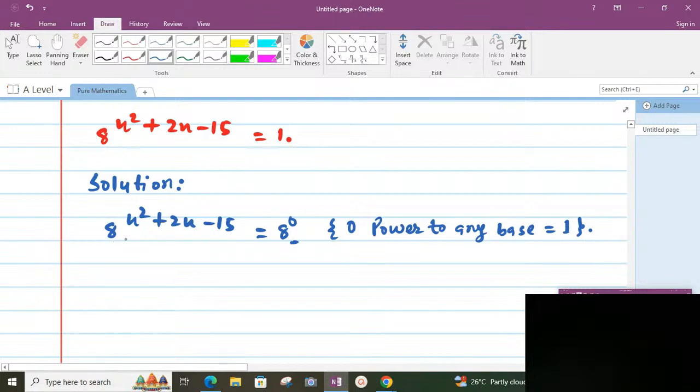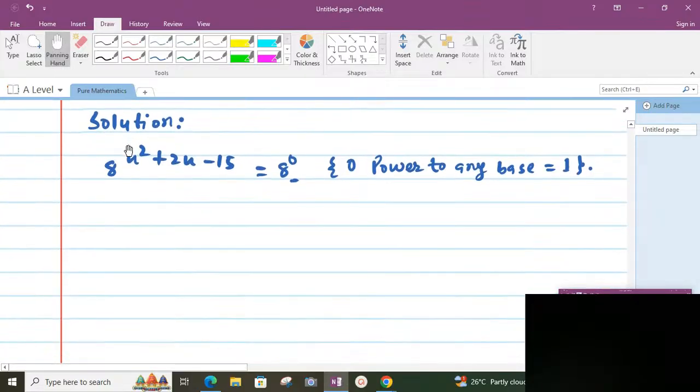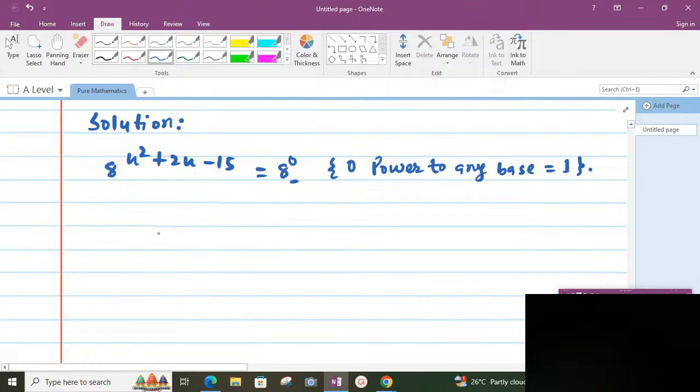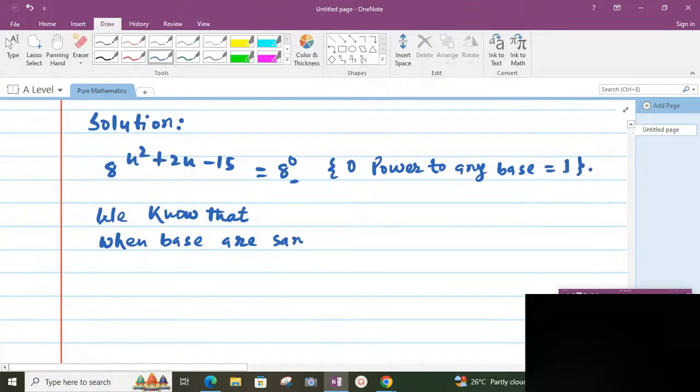So here base is 8, and we take the base in the right hand side is also 8. We know that when base are the same, therefore power will be equal.